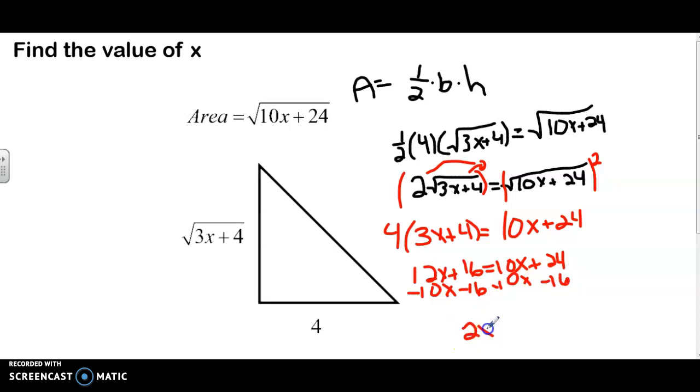And we get 2x equals 8. So x equals 4. You always plug that back into the original to make sure it's true. Square root of 16 would be 4. 4 times 4 is 16. Half of 16 is 8. And then if you plug in 4 here, that'd be square root of 64, which is also 8. So it does work.